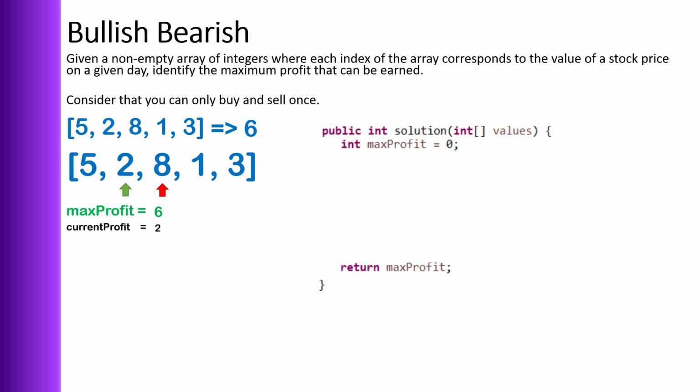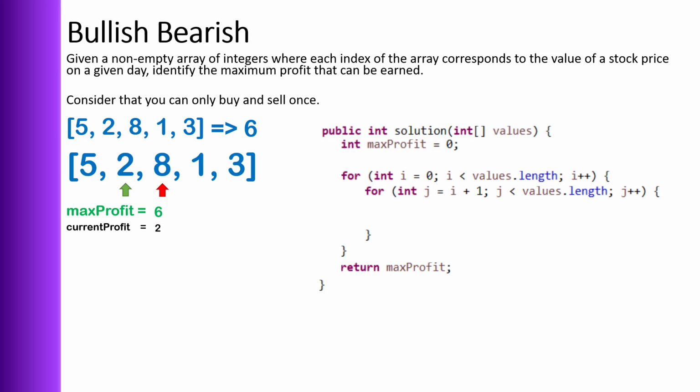Now, as mentioned, we have to do a loop. We have to iterate through each value of the array. So this would be our slow cursor, and then there would be a fast cursor as well. And then we will check the profit by comparing the slow cursor with the fast cursor. What is the profit that we will get by doing this?